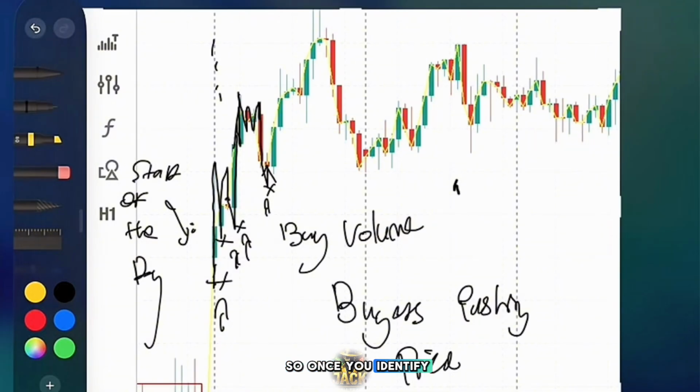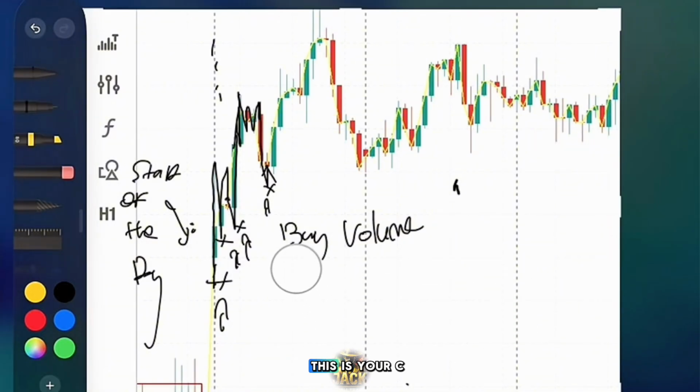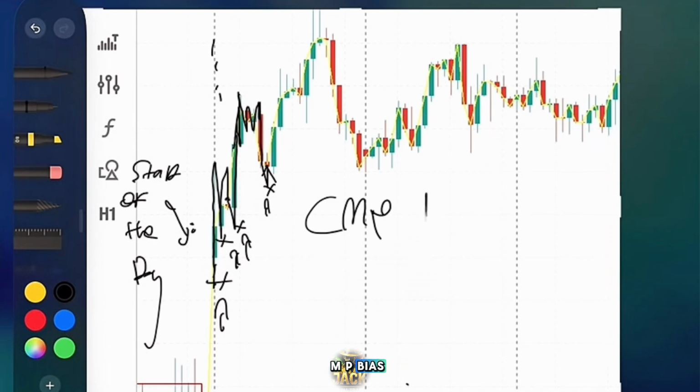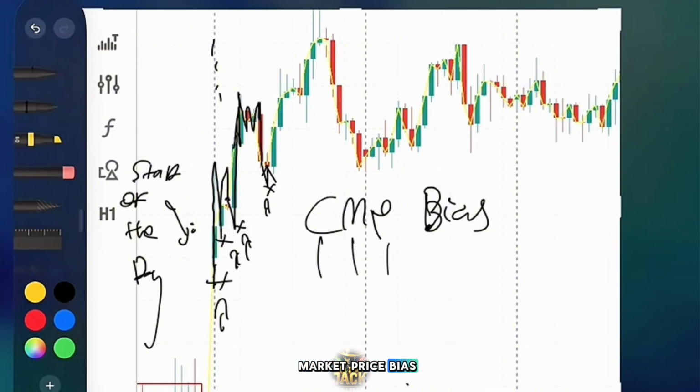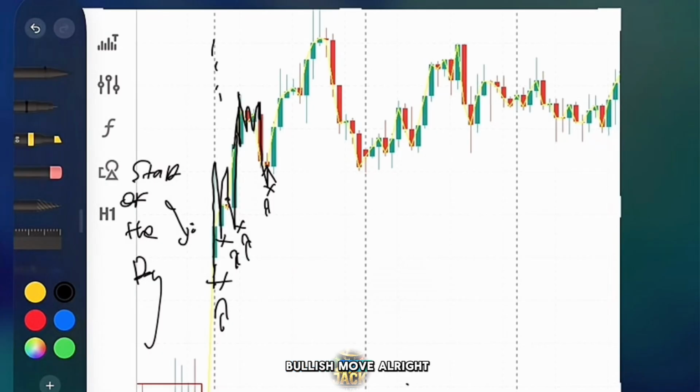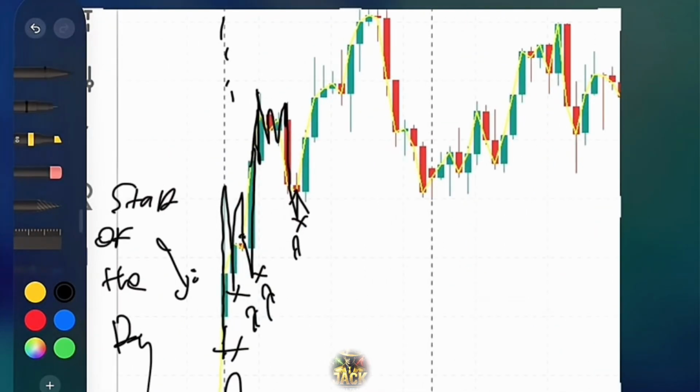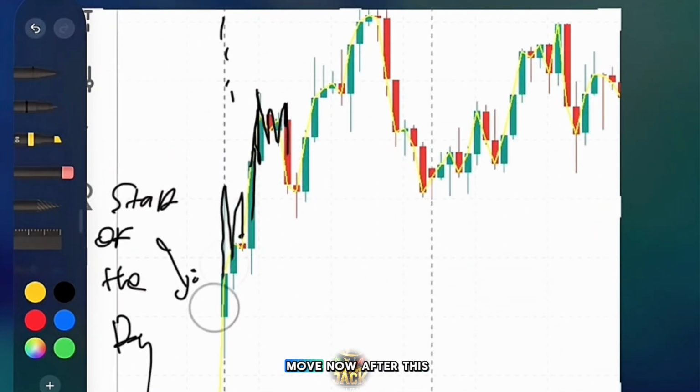So once you identify this, this is your CMP bias. What is CMP? Current market price. This is your current market price bias, where it shows a bullish move.